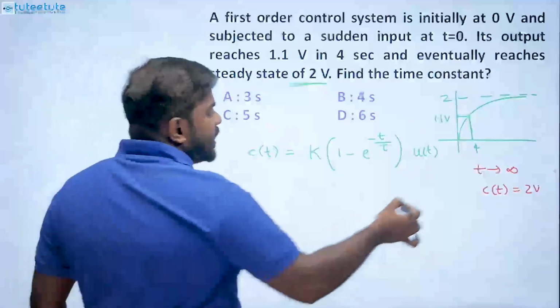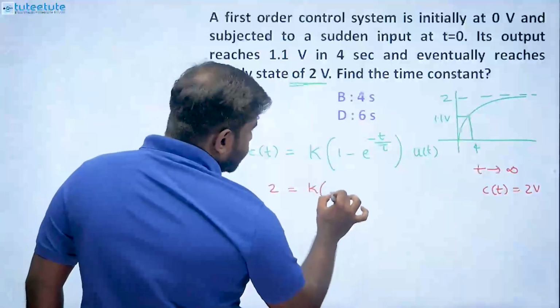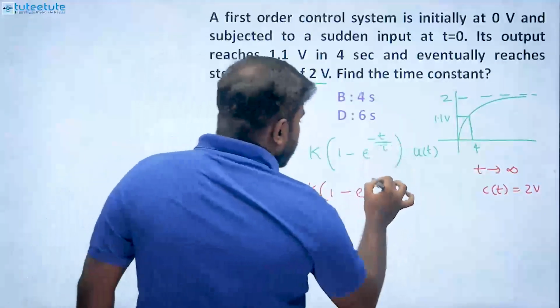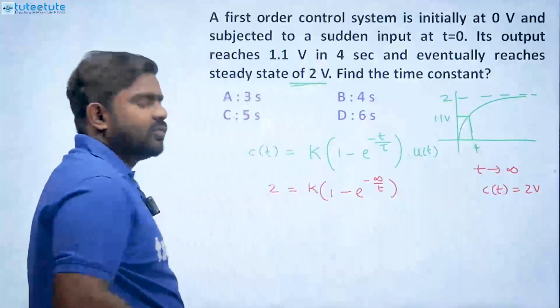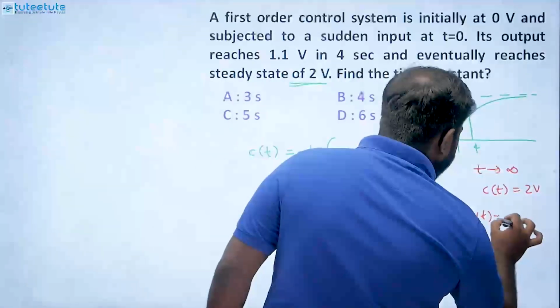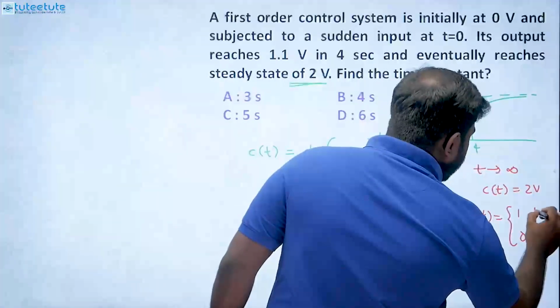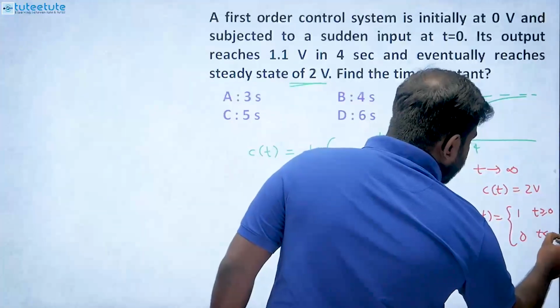So when time tends to infinity, you will get 2 equal to k into 1 minus e raised to minus infinity by tau. U of t will be meaningful. Like you know that u of t graph would be 1 for t greater than or equal to 0, and for t less than 0 it would be 0.